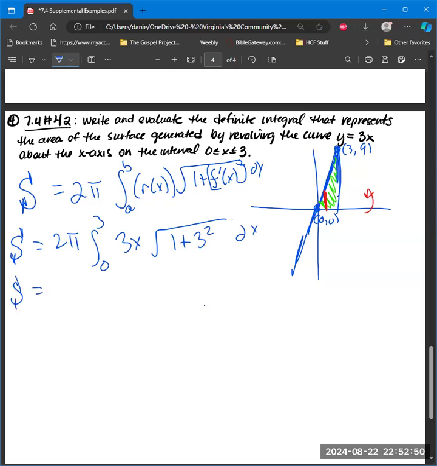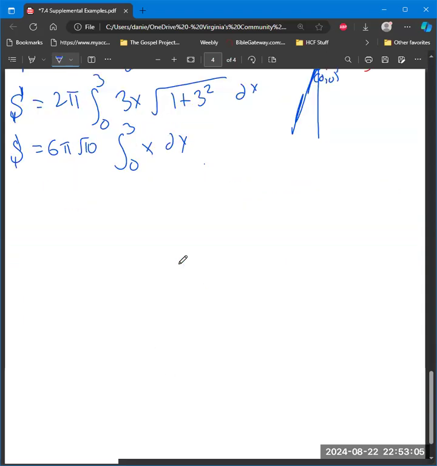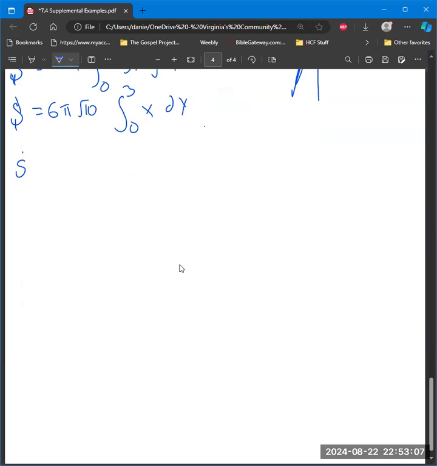So we have 2 times 3 is 6, pi times the square root of 10, integral from 0 to 3 of x dx, and that gives us capital S is equal to 6 pi root 10 x squared over 2. 2 goes into there 3 times, 0 to 3.